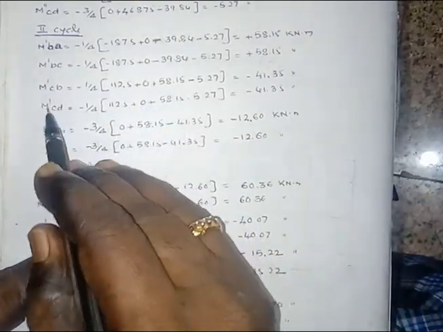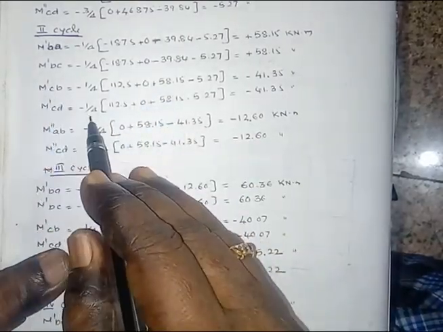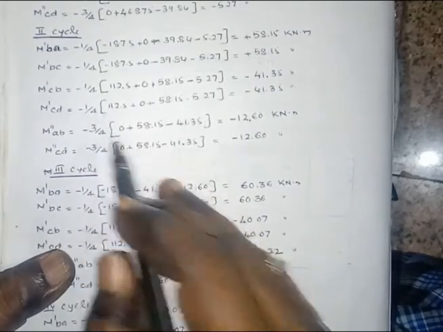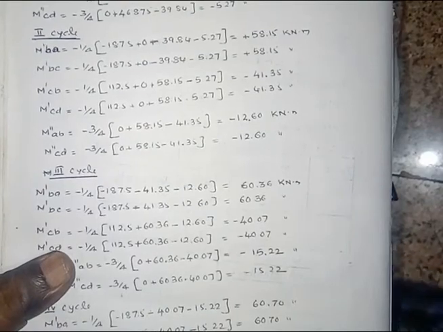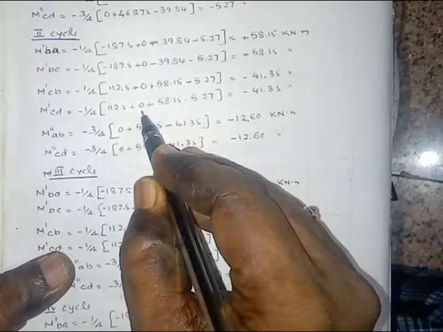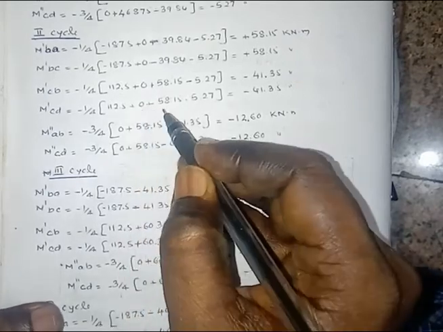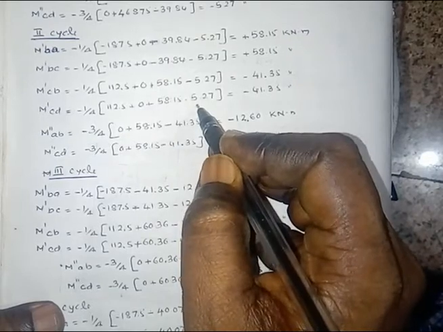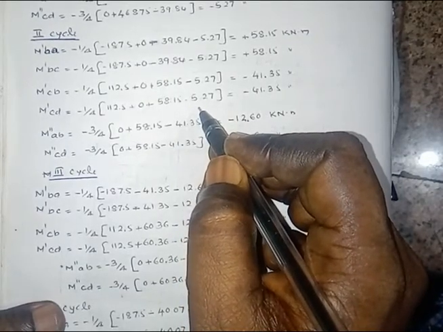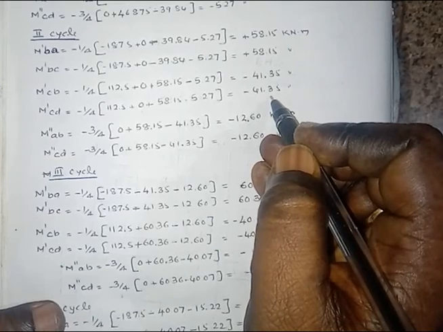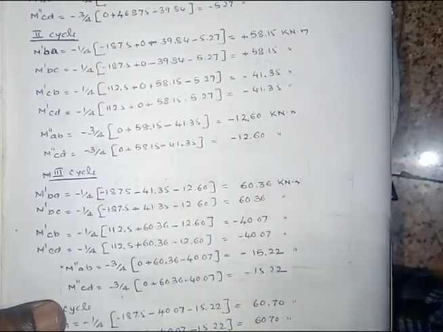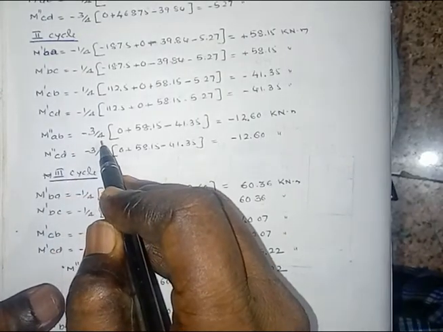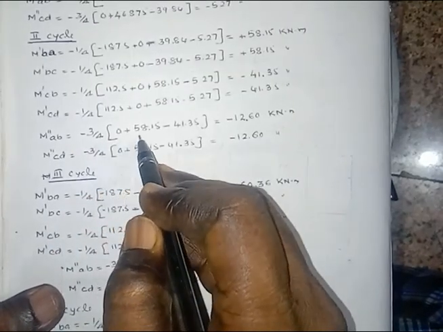Then M dash CD, minus 1 by 4 inside the bracket 112.5, the fixed end moment, plus the far end contribution from one end, 0, from the other end 58.15, minus 5.27 the displacement contribution, that equals minus 41.35.